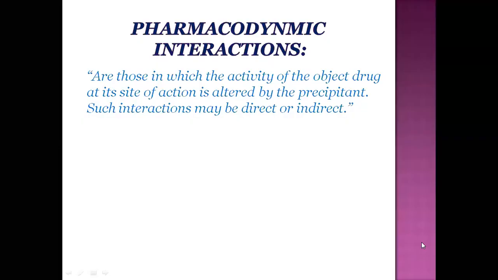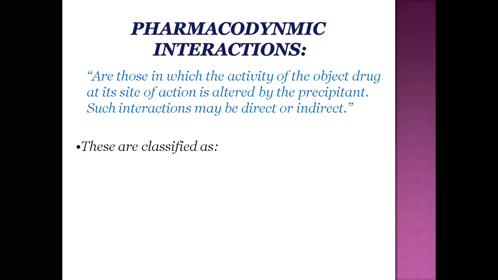Next mechanism-wise interaction is the pharmacodynamic interactions. Nothing but how our body acts over the response of object drugs. Here, the activity of the object drug at the site of action is altered by the precipitant. It may be direct or indirect interactions that occur during the pharmacodynamic interactions.